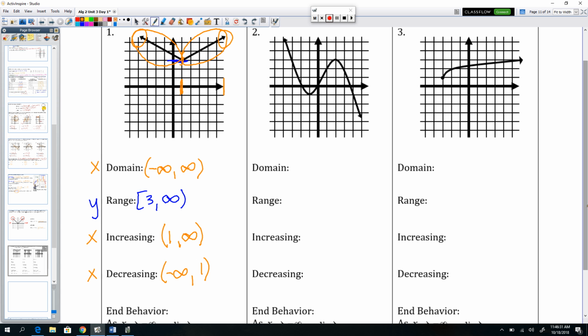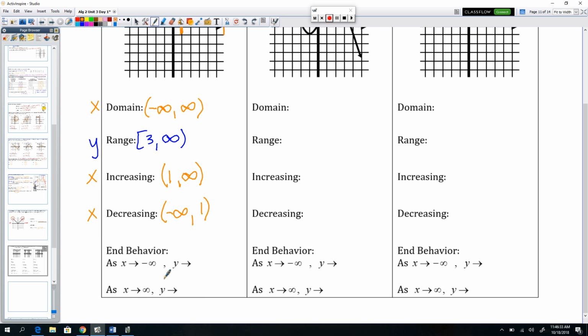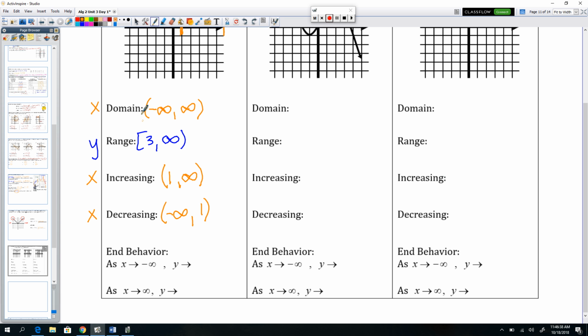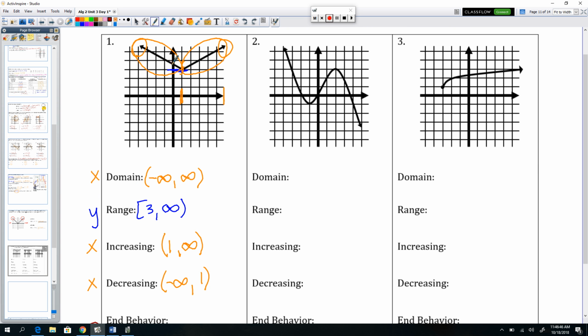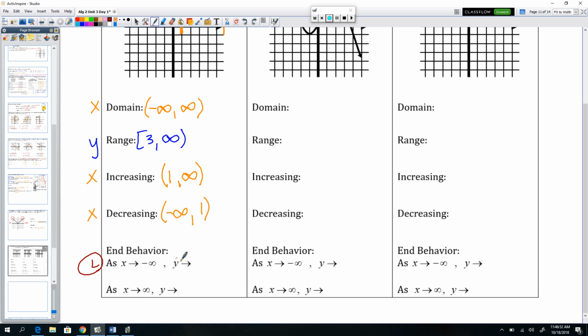For end behavior, we were nice and we typed this beginning here for you. Usually we don't type that for you. You have to come up with that on your own. So on the left-hand side, as x goes to negative infinity, if we were to follow this graph forever in this direction, the y values would be increasing up to positive infinity.